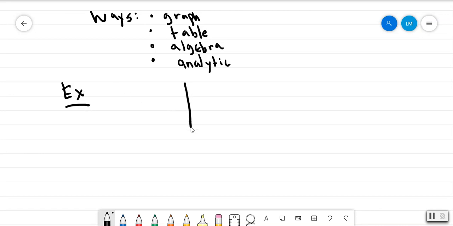So for example, let's say that we have an equation, and let's say that the function looks something like this.